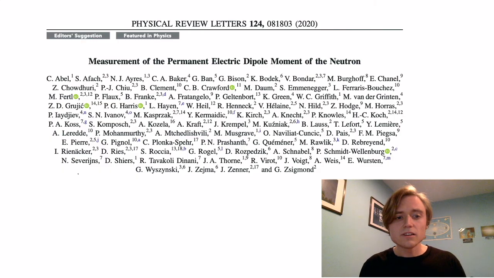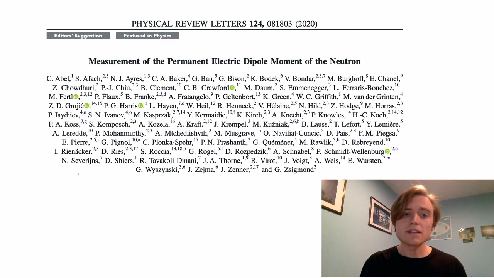And what we're going to be looking at is a paper that was released recently, which talks about an experiment which has nailed down the electric dipole of a neutron to the highest precision so far. And this paper comes from Sussex University, led by Chris Abel, but it has an enormous collaboration behind it, which have done fantastic work. So how did they measure the electric dipole of a neutron?